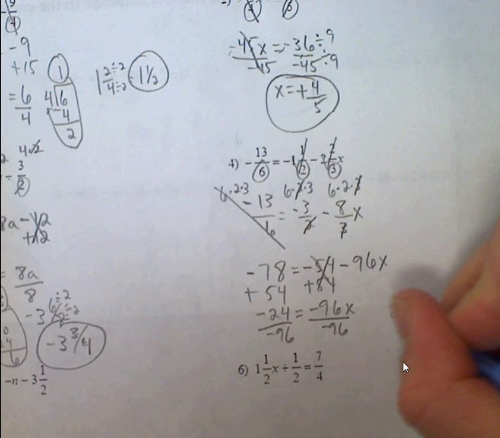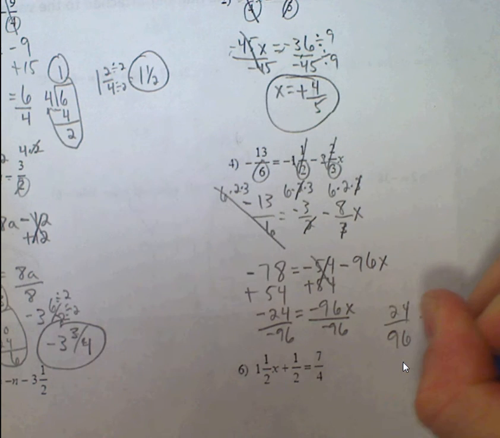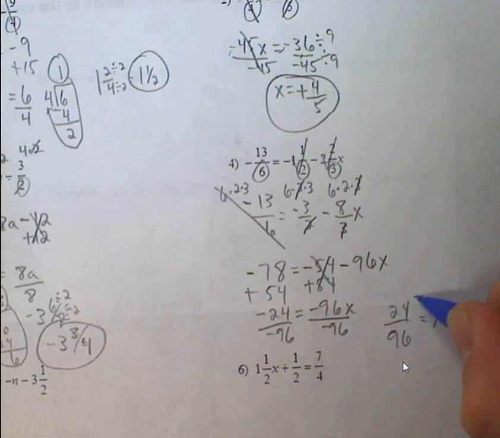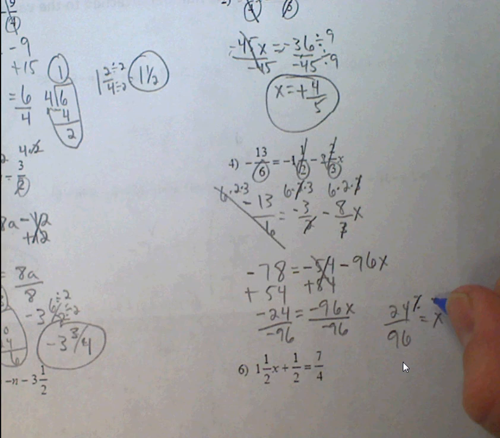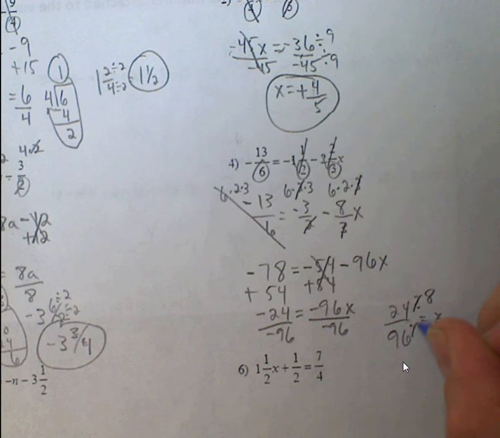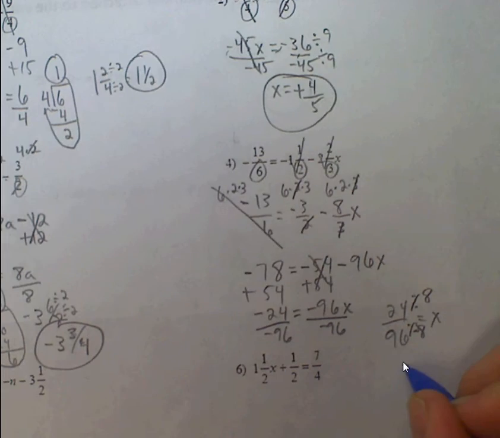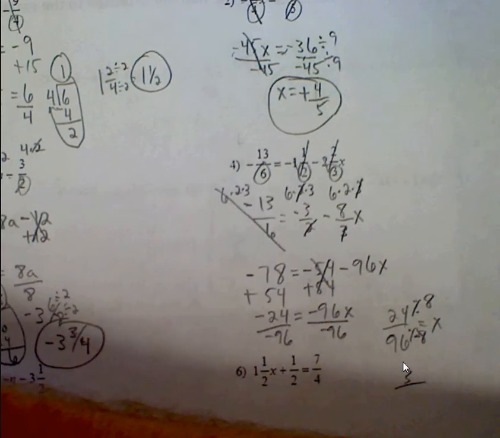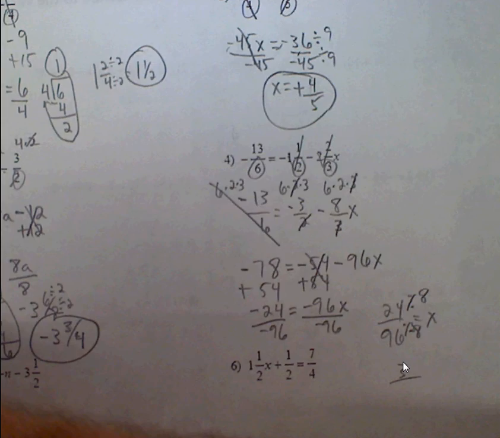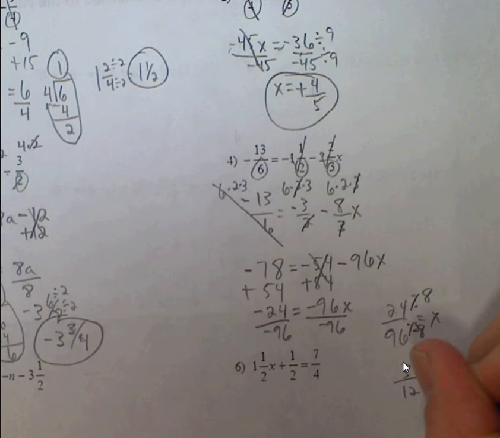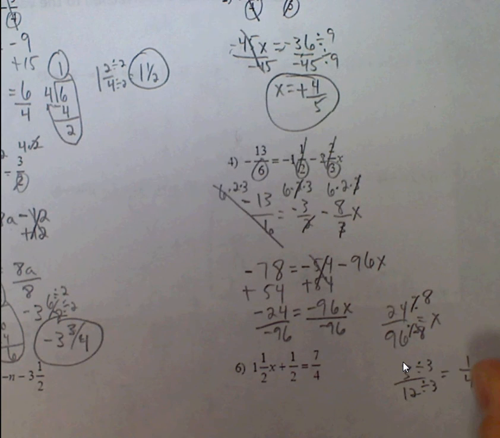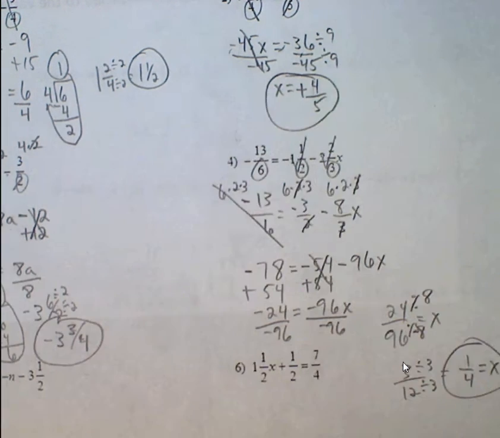So I have 24 over 96, and I can go ahead and reduce this. I'm going to try to reduce it by 8 and see if I can do that. 24 divided by 8 is 3. 96 divided by 8 is 12. But I can reduce this one more time, and I get 1 over 4 equals x.